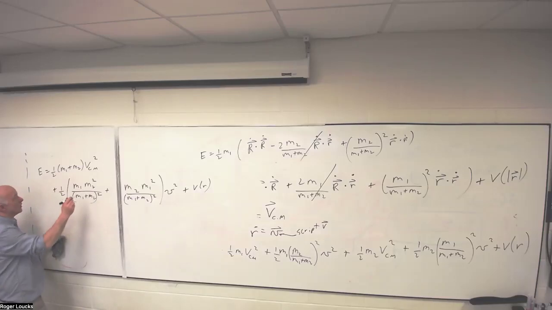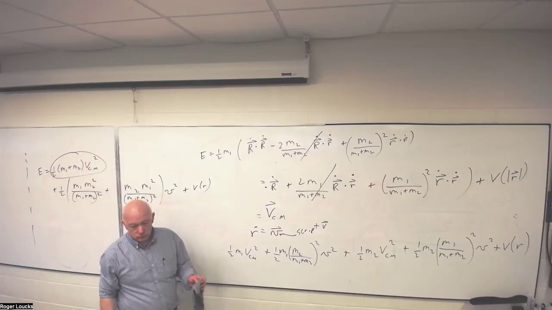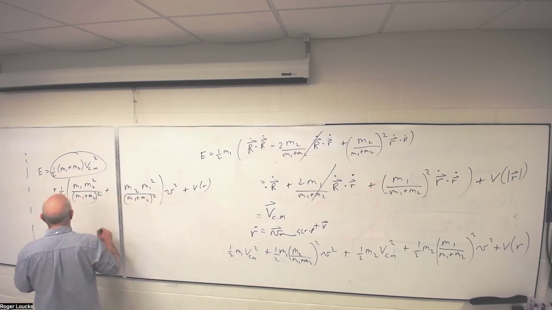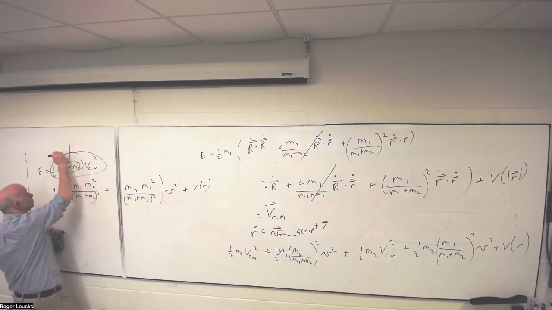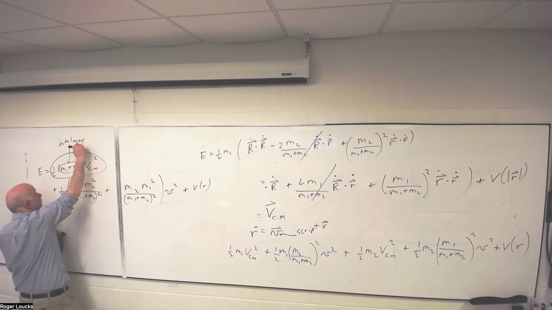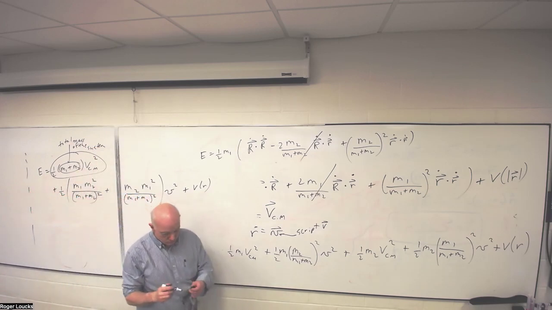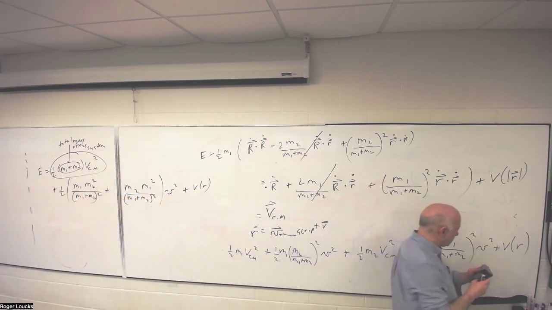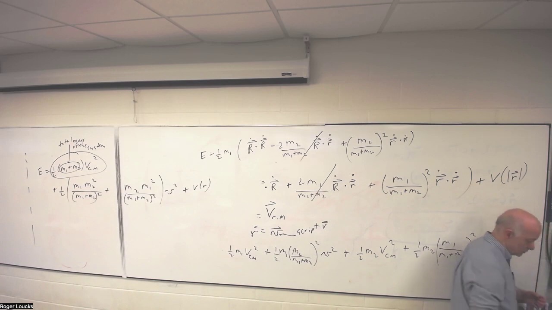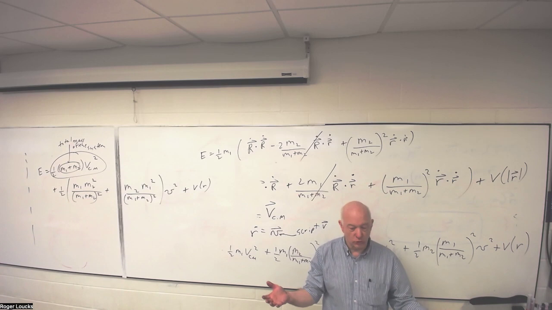How do we interpret this term here? It's the total mass of the system. So it's the kinetic energy of the center of mass. Let's say, what's a good example of a central force, which you always use in physics?